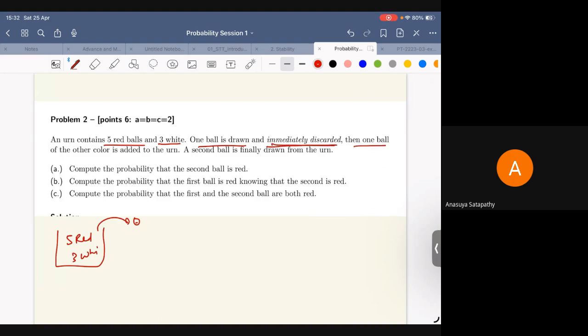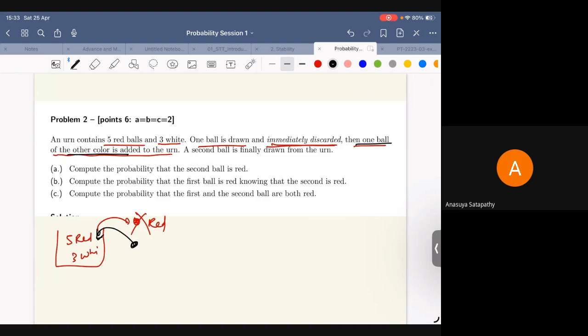Then one ball of the other color is added to the urn. So for example, I draw a ball which is red. First time I draw a ball, I don't know what color, but I see, oh, it's red. Let me throw this ball. So this ball is discarded. Now I will add one more ball of the other color. Since it is red, I will add a white ball inside the bag.